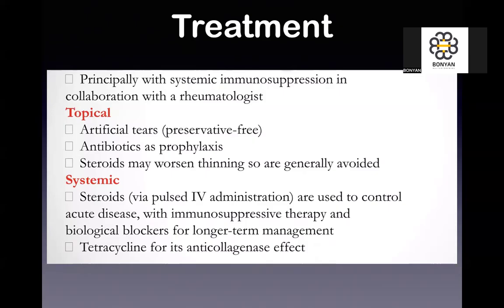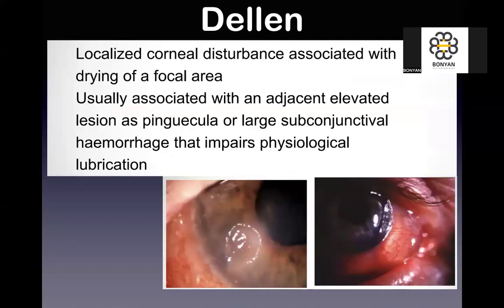Antibiotic prophylaxis. Steroids may worsen thinning, so are generally avoided. You can use systemic steroids, but topical steroids are not recommended. You can put instead of them cyclosporin A. The systemic steroids and tetracyclines are also considered.